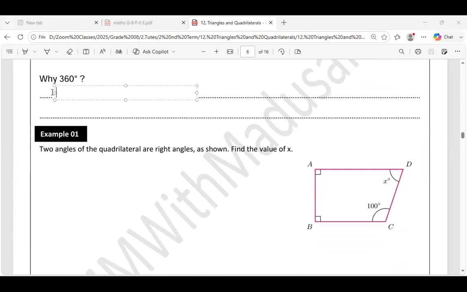Please write it. Consider 1, 2, 3 quadrilaterals.